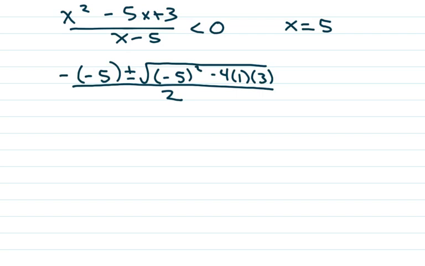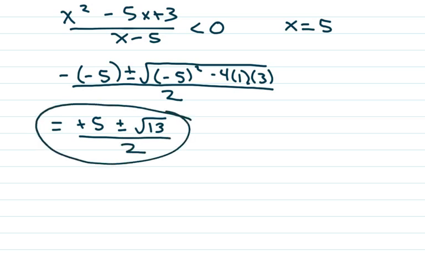Now I'm going to get x equals positive 5 plus or minus, this is going to end up being 25 minus 12, which is 13, all over 2. So there are my two zeros, and I have my vertical asymptote. When I do my intervals, I'm going to use negative infinity to 5 minus square root of 13 over 2.